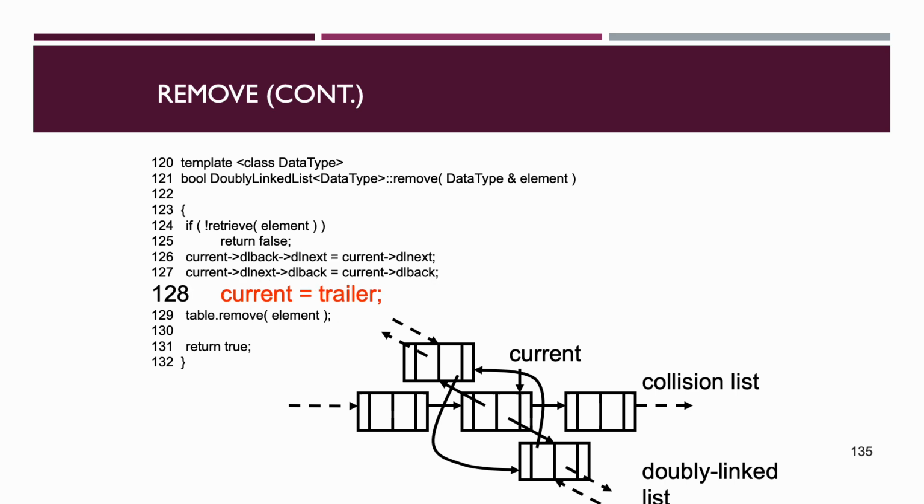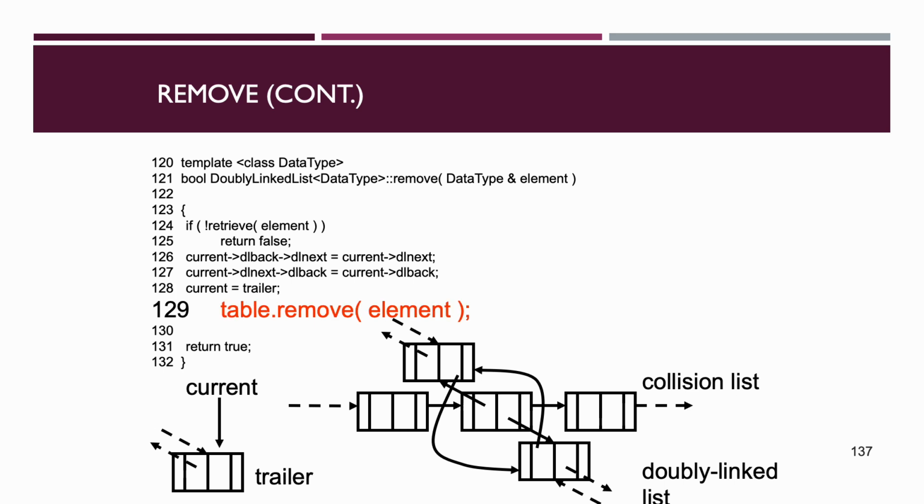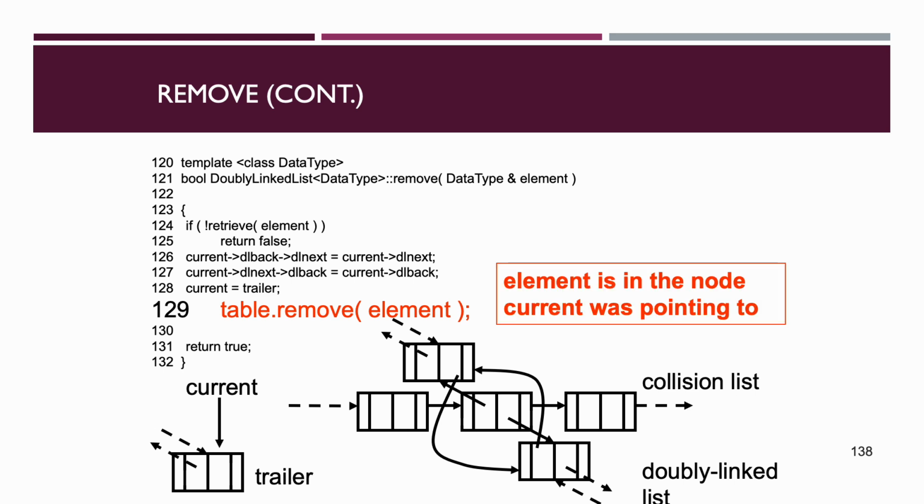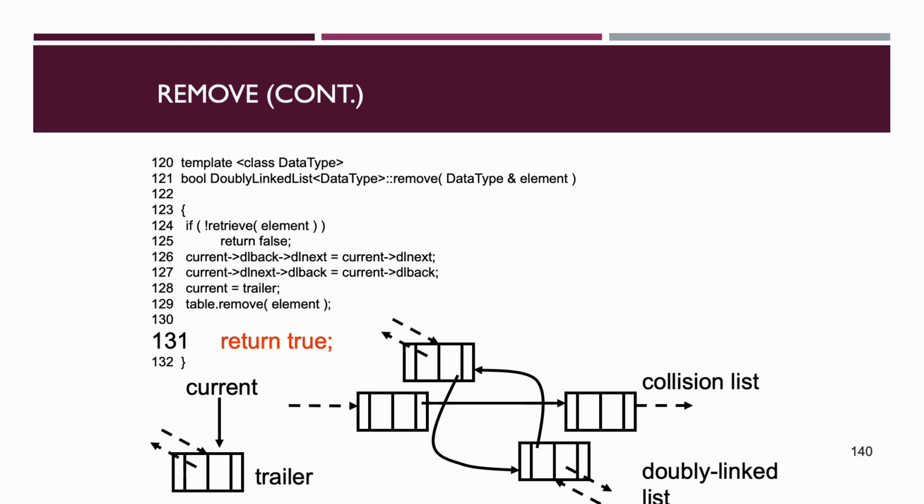Now we have current equal to trailer, so current means trailer here, and then table dot remove the element in the node current was pointing to, so this one is gone. Then it returns true.